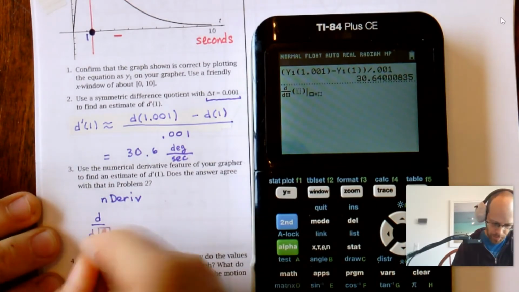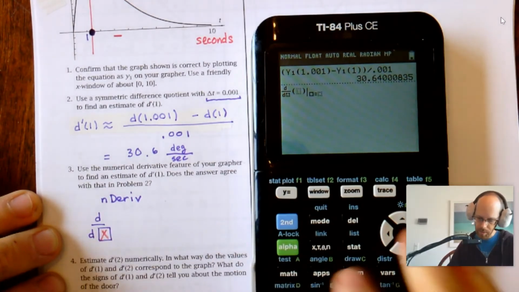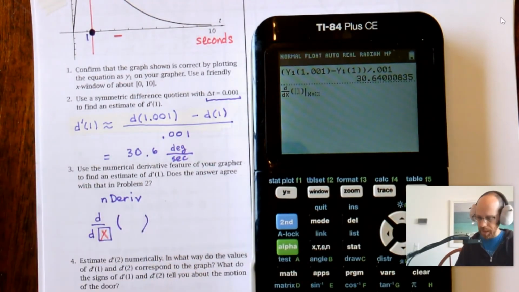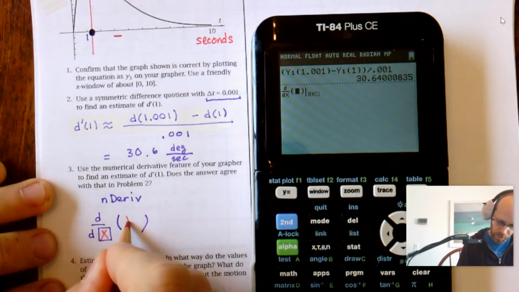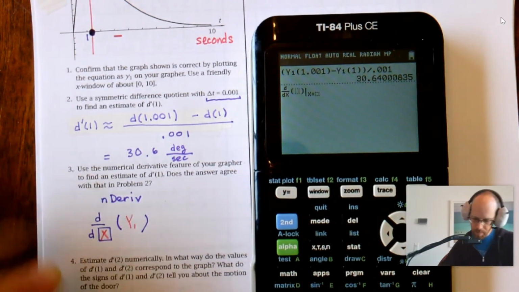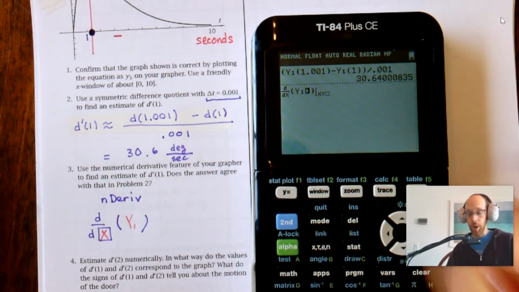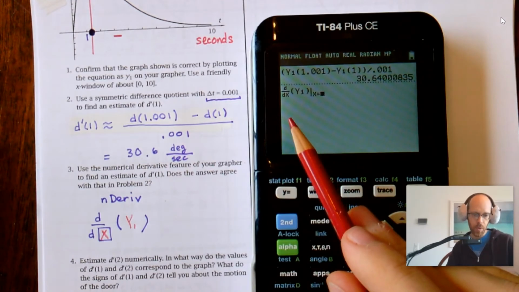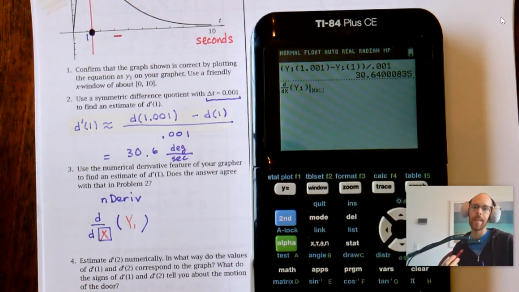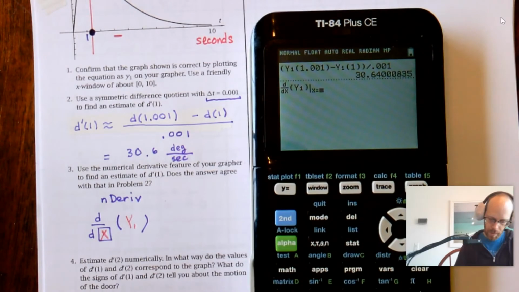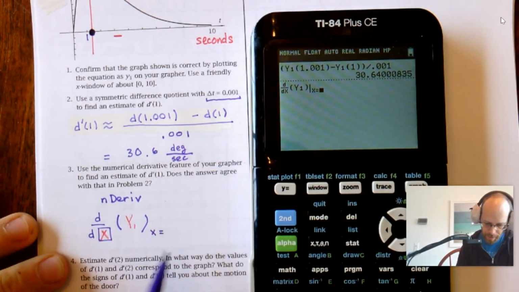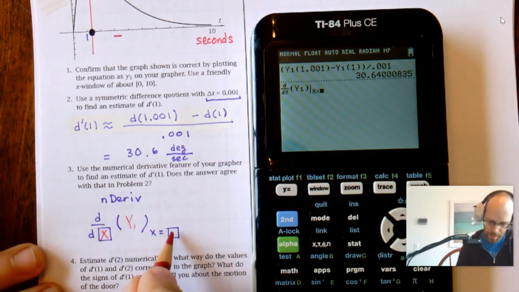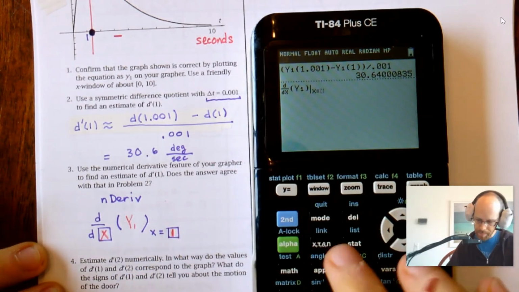You're going to put an x into that space of the function that we are working with. So we typed our function into y1 already. You could, if you wanted to, type the actual function 200x times 2 to the negative x into that space, and that would also work. And we want the derivative at a particular instant, and that instant is at 1.